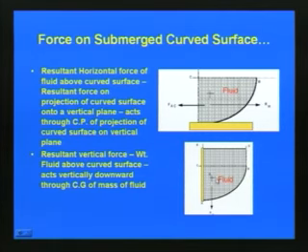This much fluid, we can determine the weight of the fluid above this curved surface, and then we can determine the position of the center of gravity, and then the resultant vertical force will be this weight of the fluid above the curved surface, and it acts through the center of gravity of the mass of fluid. So, we are finding the resultant horizontal force and where it is acting, and then we are finding the resultant vertical force, which acts through the center of gravity of the mass of fluid above the gate which we are considering.